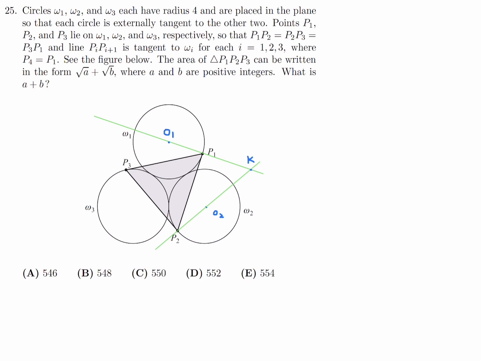Okay, so now they had told me that this line right here is tangent to the circle. So that means that this angle is 90 degrees. And if that angle is 90 degrees, then this angle is 90 degrees. And this triangle is equilateral. All the sides are the same. So that means this angle is 60 degrees.